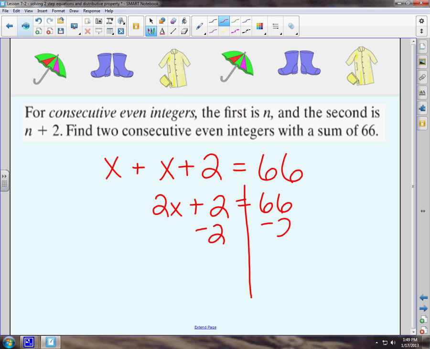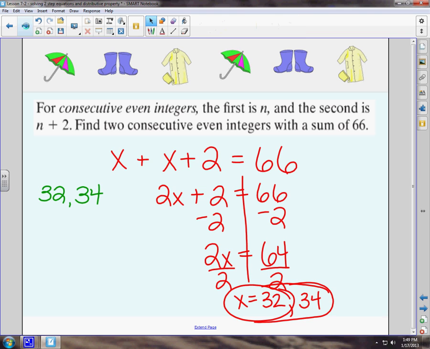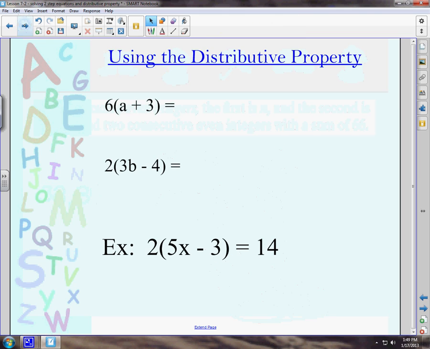I minus 2, so 2x equals 64, and then I divide by 2, so x equals 32. Oh, no, and 34. Sorry. It has to be two consecutive even integers, 32 and 34, and they have to add up to 66. So if you add them together, they equal 66, and they're both consecutive even integers.